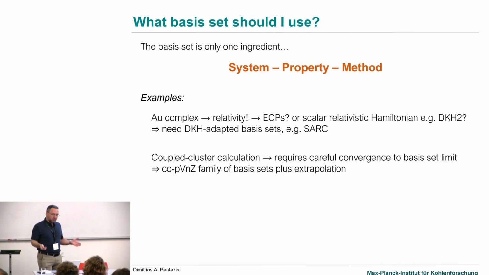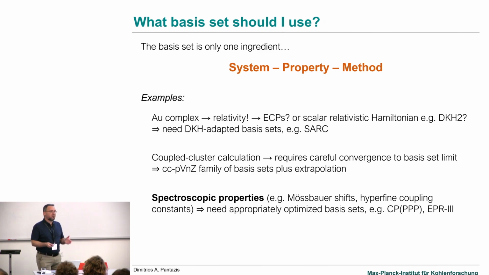Depending on the method, right? Coupled cluster calculations, we'll mention them a bit later, versus DFT. Different methods have different requirements of how big a basis set should be, or what it should contain, like in terms of higher angular momentum functions, for example. So that affects your choice of basis sets.